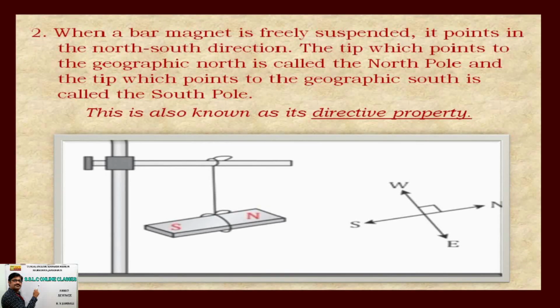Whenever you suspend a bar magnet freely, it finds the north-south direction of the Earth. The tip pointing towards the geographic north is taken as the north pole of the magnet, and the tip which points towards the geographic south is taken as the south pole. This is also known as the directive property of the magnet.